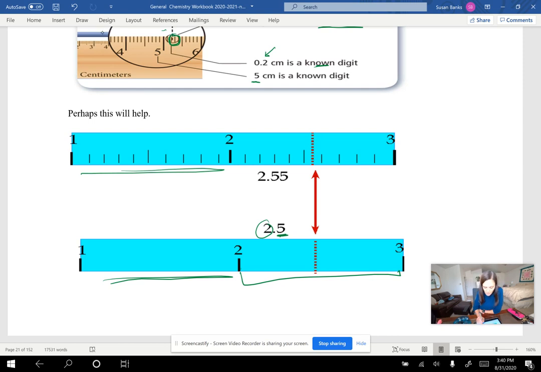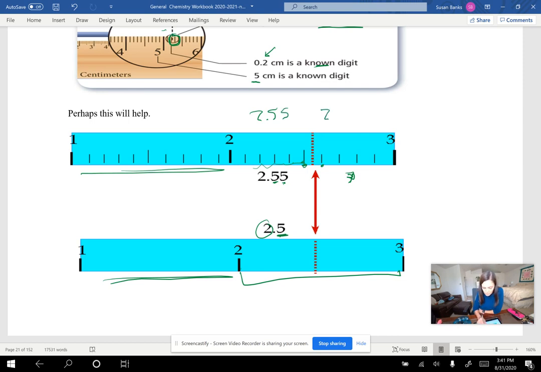But here on this top ruler, I know for sure I've got 2. I know that for sure. And I know I've got 1, 2, 3, 4, 5. I know for sure I've got 5, so I know that digit. And then it's somewhere between the 5 and the 6. Here I have to estimate. Is it right in between? It looks like we estimated, yes, that it was right in the middle.